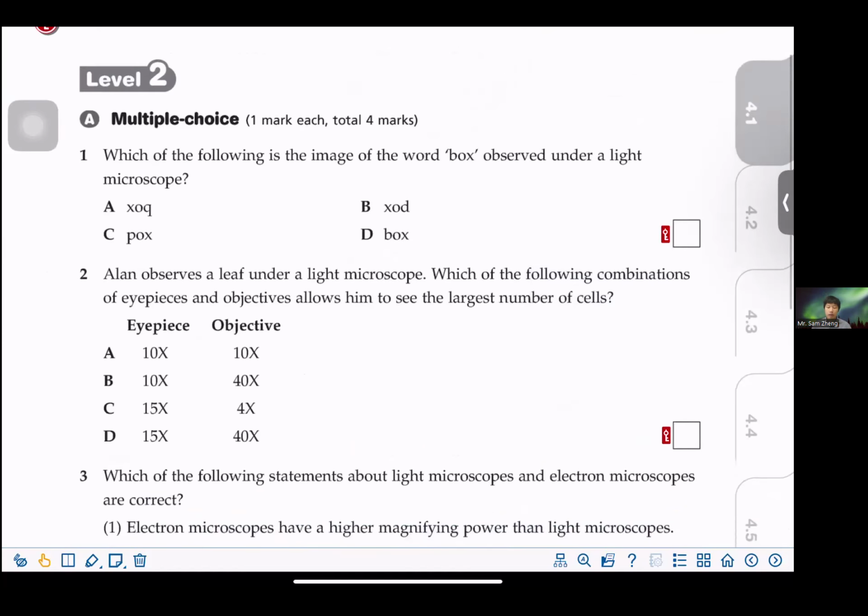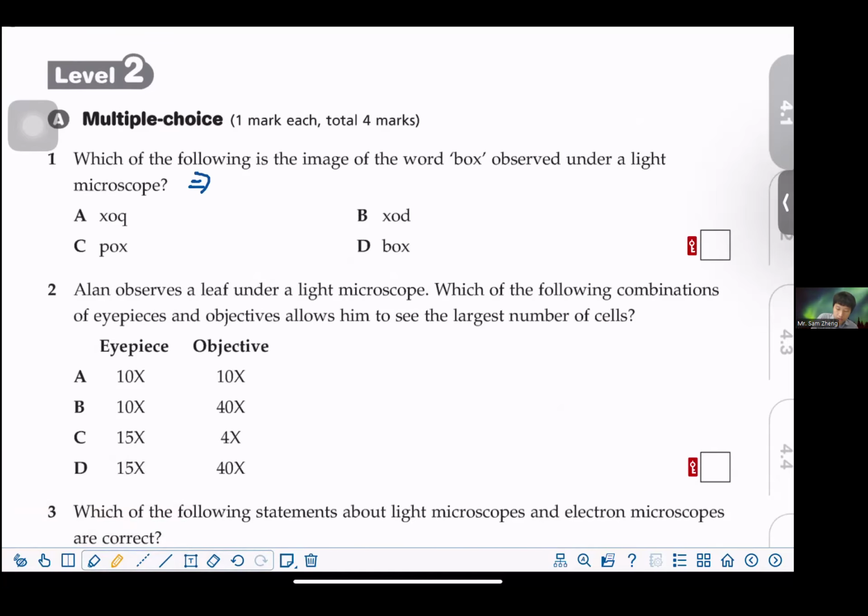Next, what do we do when we see some word? The first thing we need to do is switch the paper 180 degrees clockwise. Then the word that is shown to you will be the word as it appears in the microscope, because for the microscope, most images are magnified and inverted.